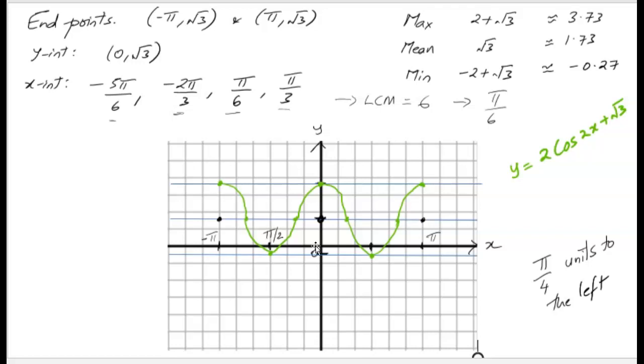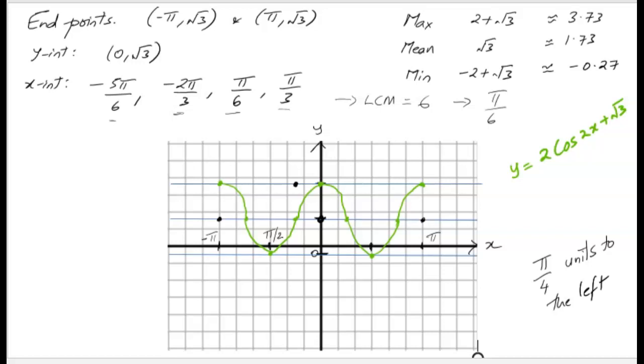So pi on 4 units is going to be exactly halfway. Everything is going to move to the left by pi on 4 units, which means the maximum point which I had at 0 is going to move to the left by pi on 4 units. So that's where it's going to start, and then everything else is going to follow its path. So obviously this point here is going to move to the left to the y-intercept.